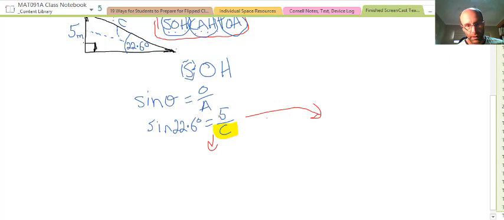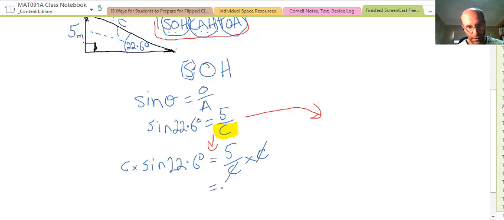So if we multiply by what's on the bottom, which is what we did with the other sorts of questions, we would have C times sine 22.6 degrees. And that would be 5 over C times C, and the C's cancel out on that side, which leaves just 5.